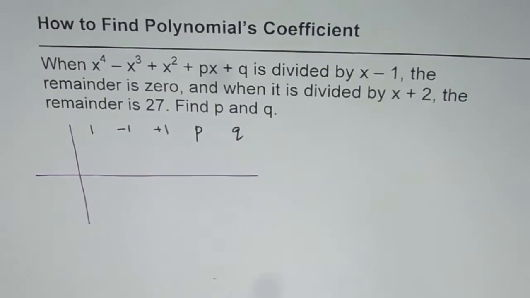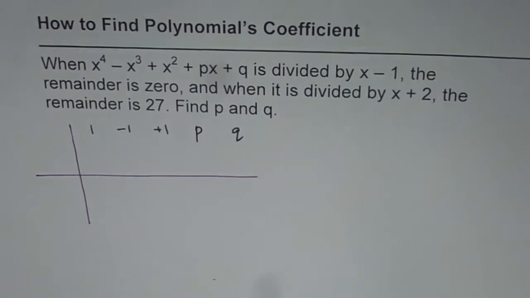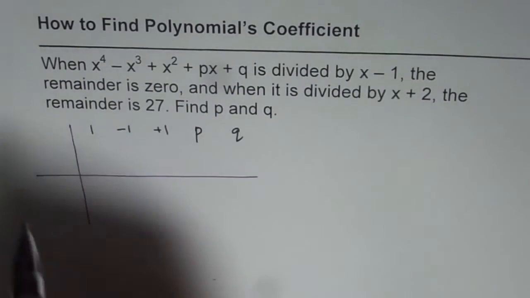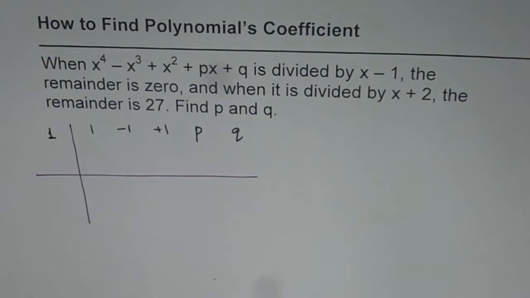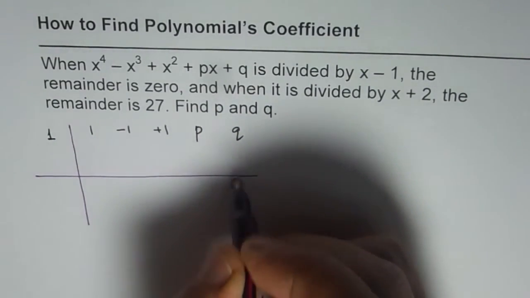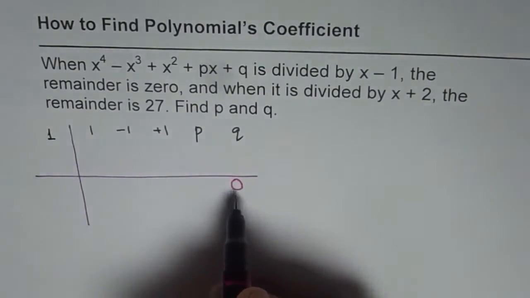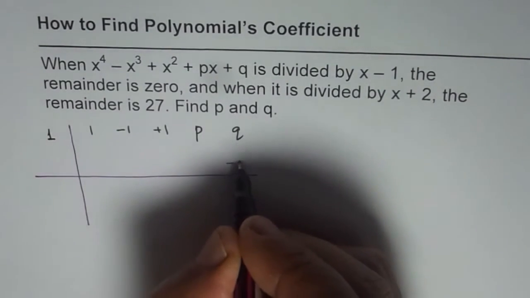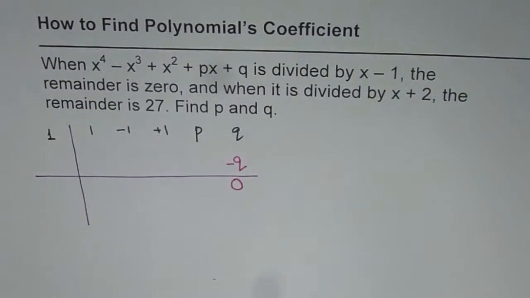So these are the coefficients, right? And when you divide by x minus 1, that is to say we'll divide by 1, we get a remainder of 0. So what you get here is 0. How will you get 0 here? You will get 0 if we have minus q here. Correct?